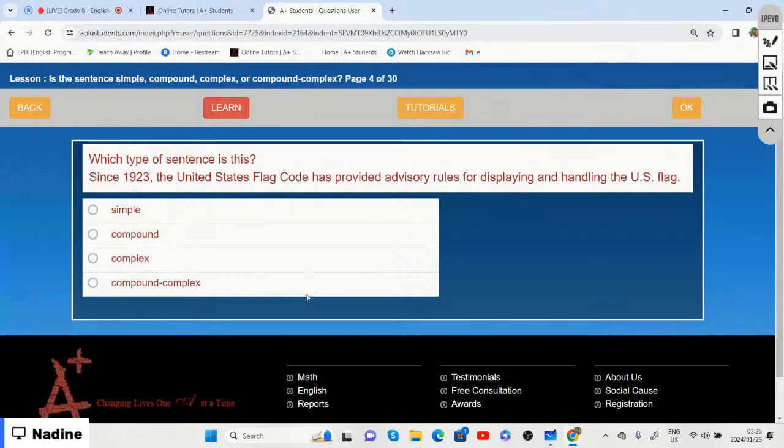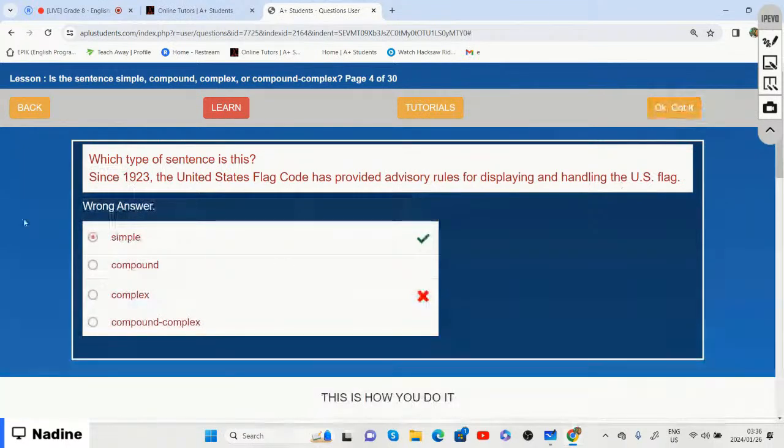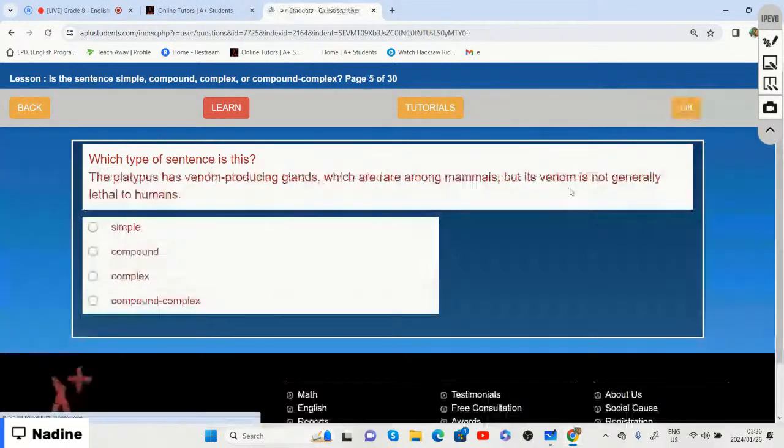Let's try complex. Oh, so it is actually a simple sentence. It's just that it starts with since 1923. Simple sentence.